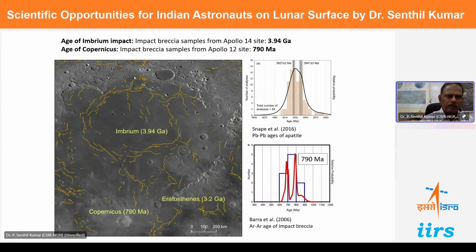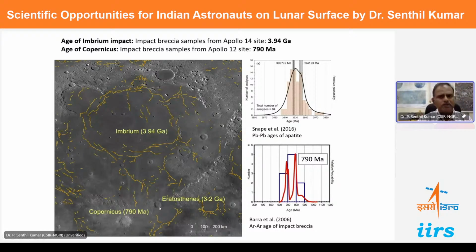The other large feature is the Imbrium basin. The Apollo samples also contain some ejecta materials that came from the Imbrium basin. The dating of those samples assigned the age of the Imbrium to be 3.94 billion years. Similarly, the Copernicus crater was also dated to be 790 million years.